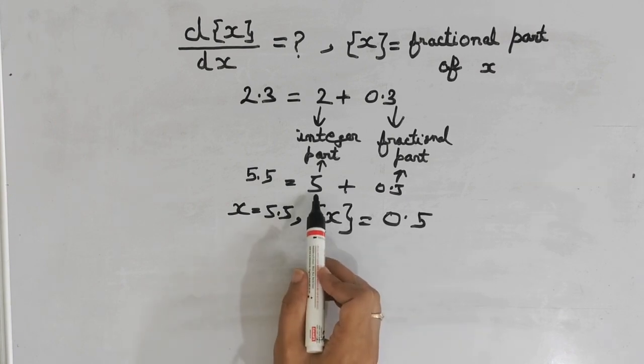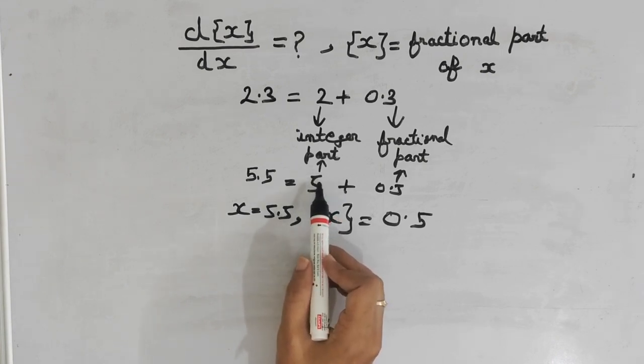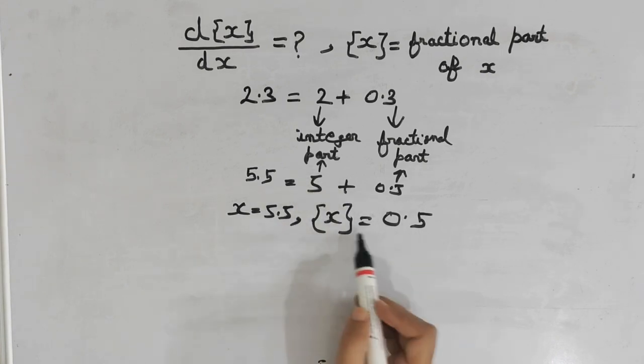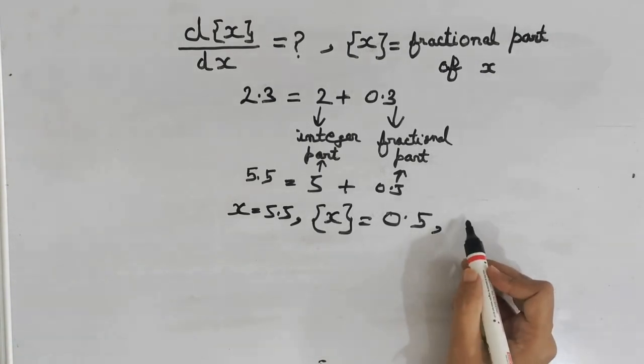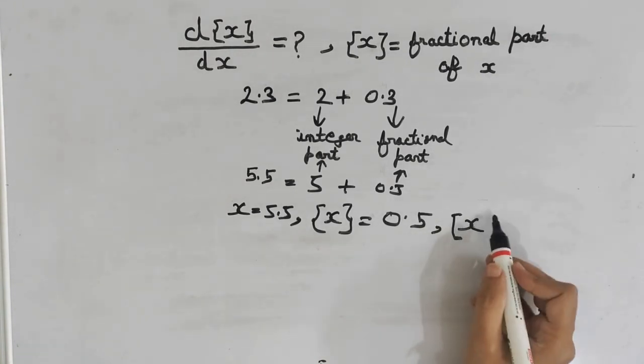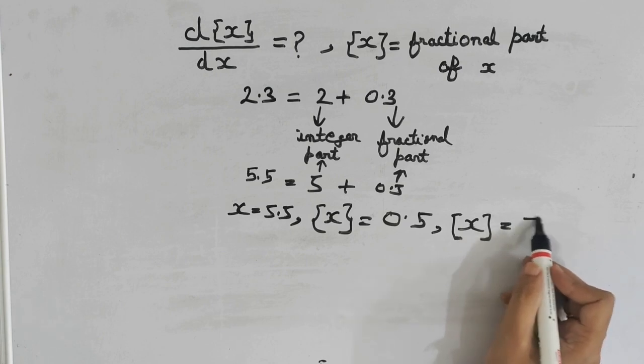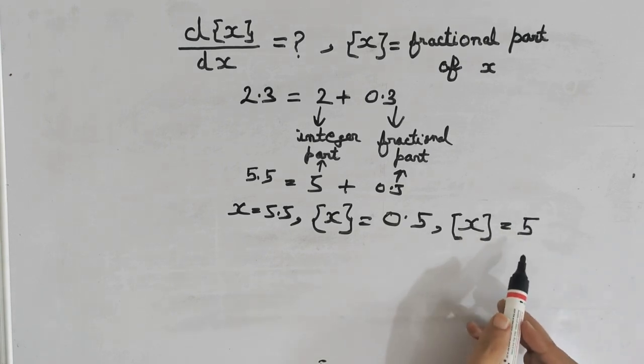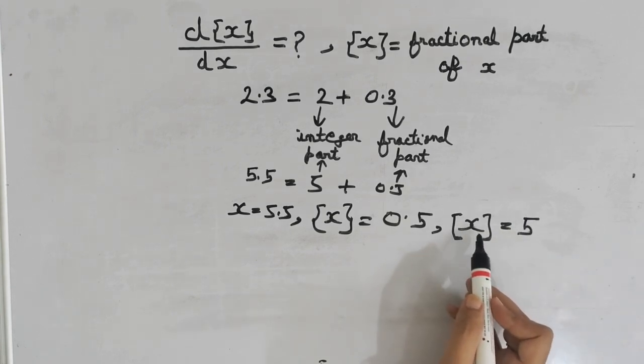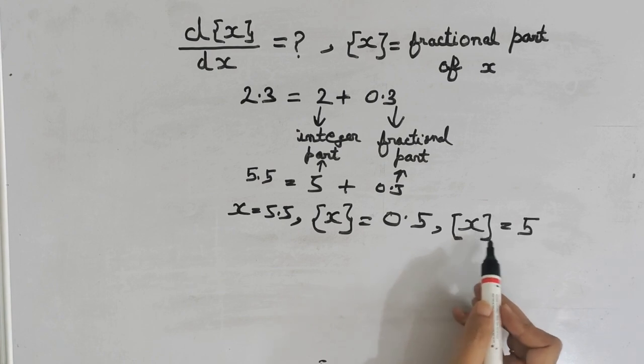And what is this 5? We can also say that this 5 is the greatest integer function of x. So the fractional part is 0.5 and the greatest integer function of x is equal to 5. And guys, if you want to understand this greatest integer function in detail, I have already uploaded one video related to it.